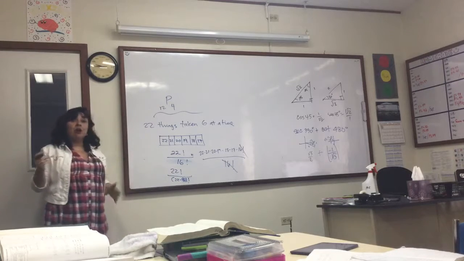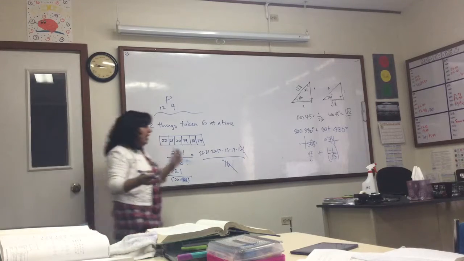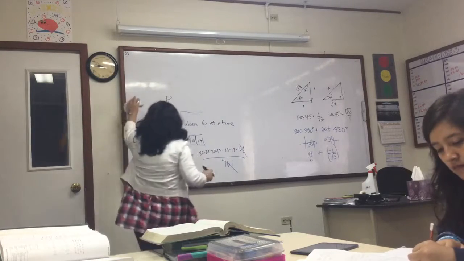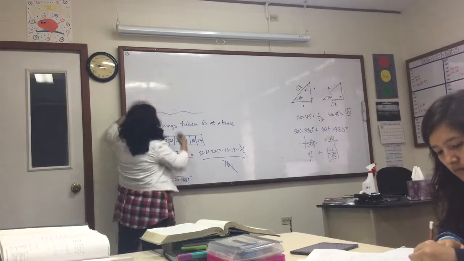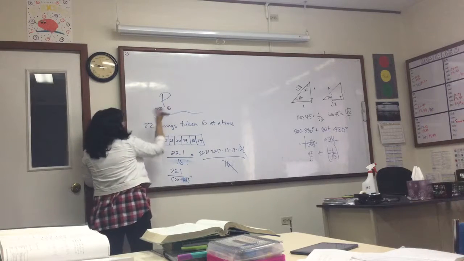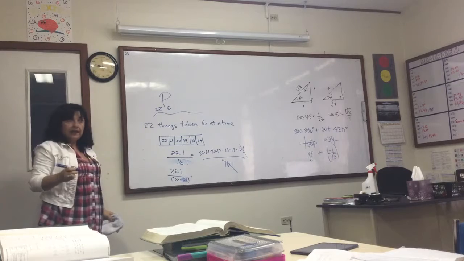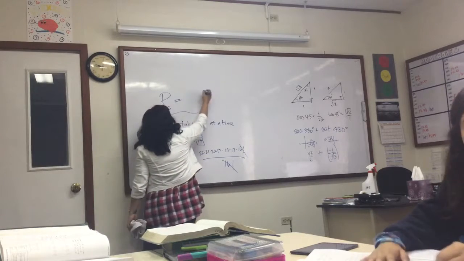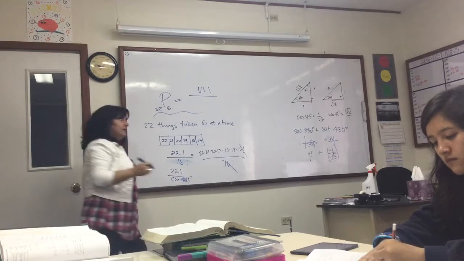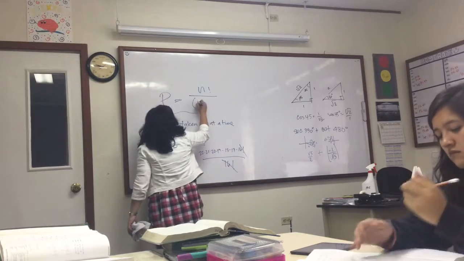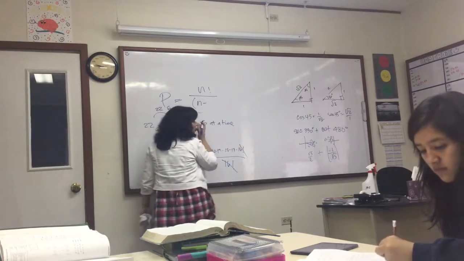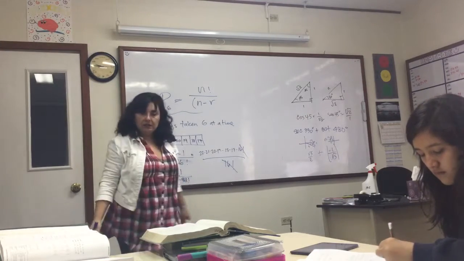So from this, we can draw up a formula in general, which would look like this. The permutations of 22 things taken 6 at a time, okay? So we can make a formula. It would be n factorial over n minus, what do we call it, r? What do they call it?